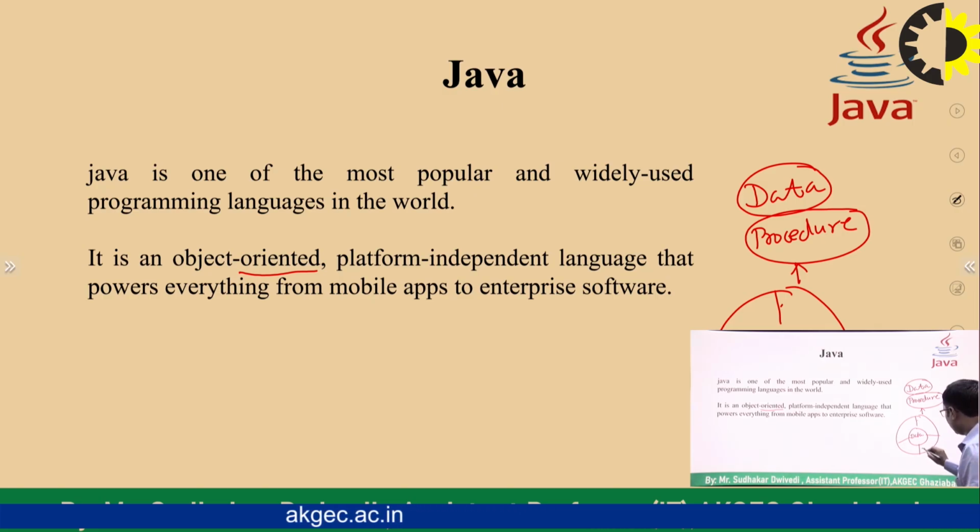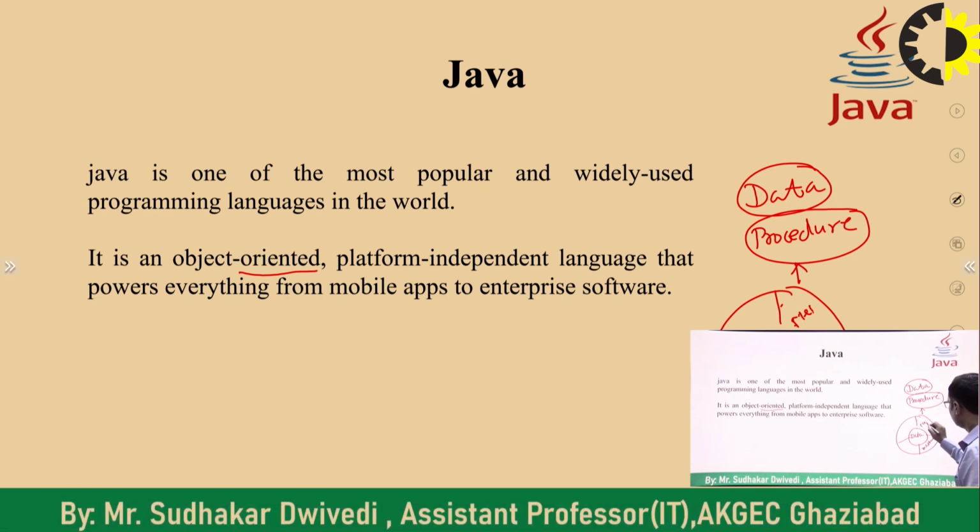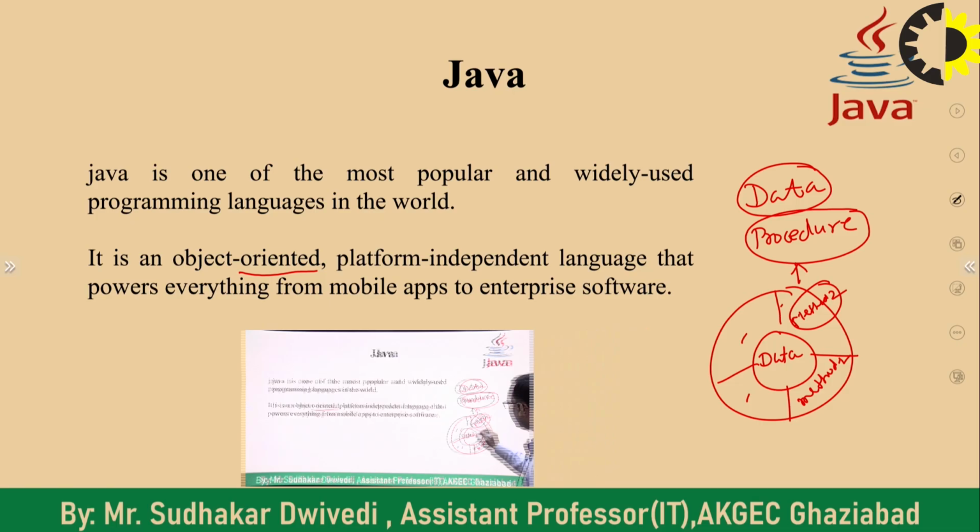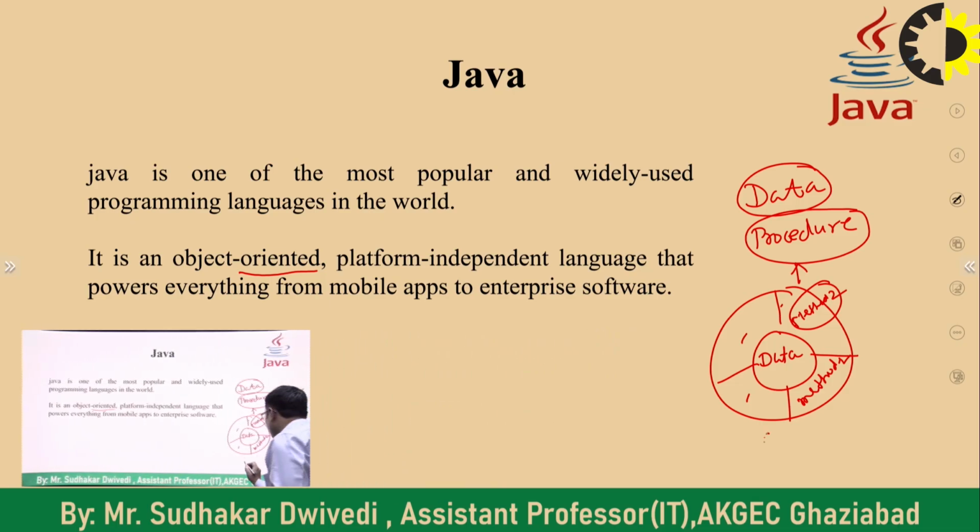So there is method 1, say some method 2, and all the methods here. So we have bound the methods with the data into a single unit. That is known as the object here.